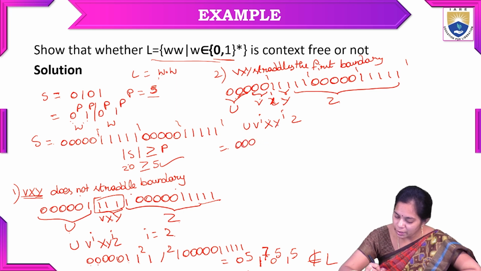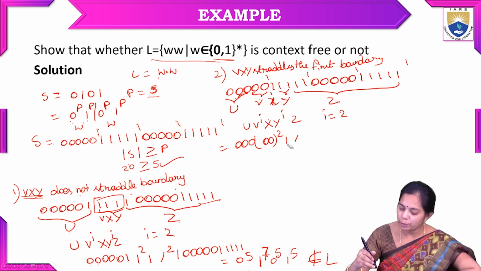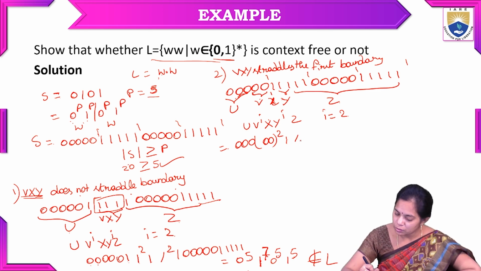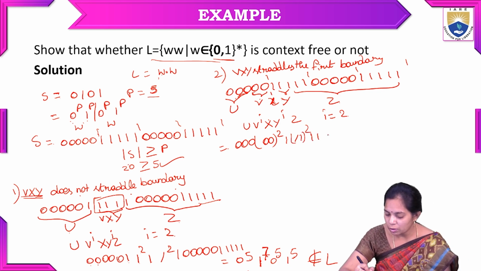So finally, the first three values are u, and the second as it is we are writing, and i is equal to 2 we will take. So v power i, v is nothing but 0 2's, so 0 power 2, and then 1, and y is equal to 1 power, two ones which have the power 2, and the remaining all 0 0 0 0 0 and 1 1 1 1.